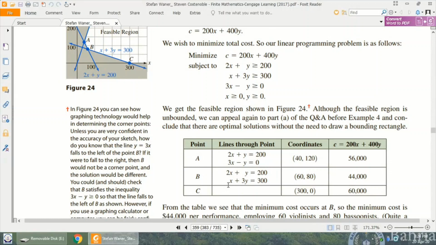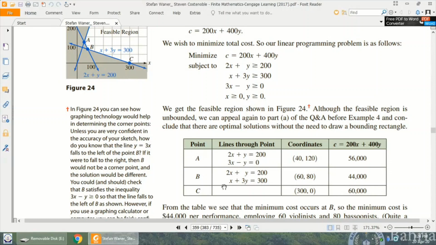We can multiply this equation with 3 to cancel out the y, so 6x plus 3y is 600. Now you can subtract the lower equation, so 6x minus x would be 5x, and this would cancel out, and 600 minus 300 would be 300.